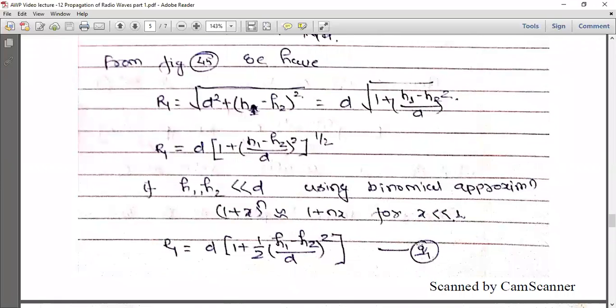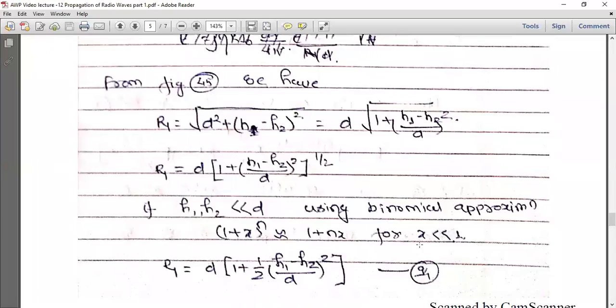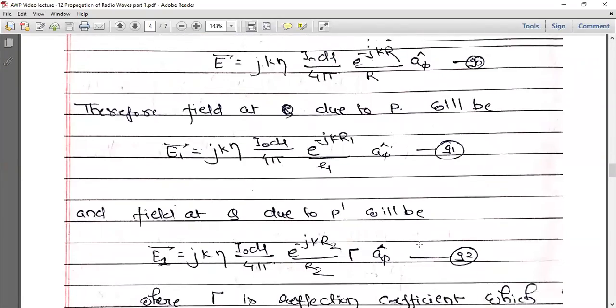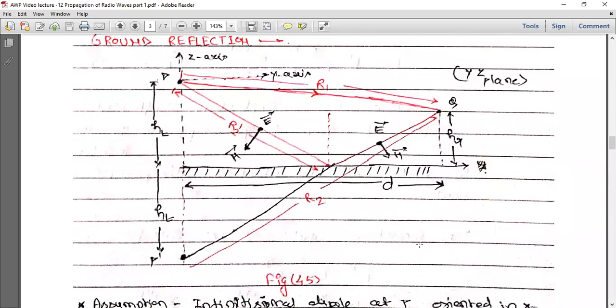Now, if we look at figure 45, what is R1 and what is R2? Let's come to the figure again. You can see, what is R1? This is R1. If we draw a perpendicular from point Q to the z-axis, this horizontal distance will be equal to d.